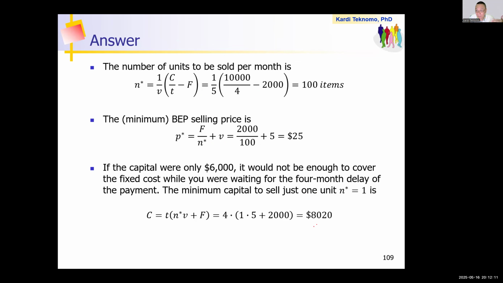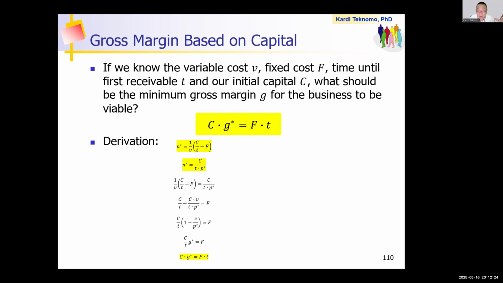These are the minimum capital and this is the price. And this is the number of items that you need to sell at PEP. Again, this is talking about PEP. And I connect this with the gross margin, the PEP gross margin. So this is the capital. If you know the PEP gross margin, this is the same as the fixed cost times the delay that you have.